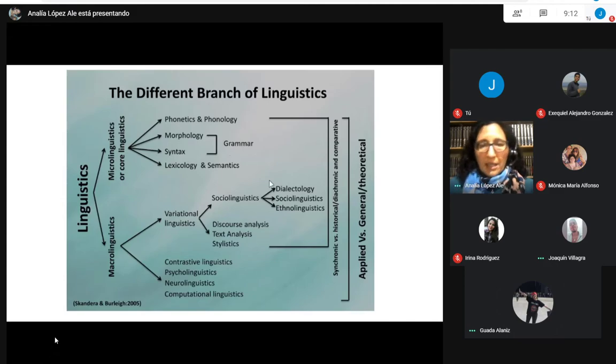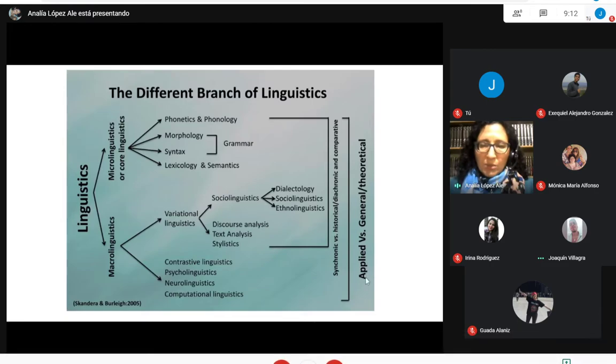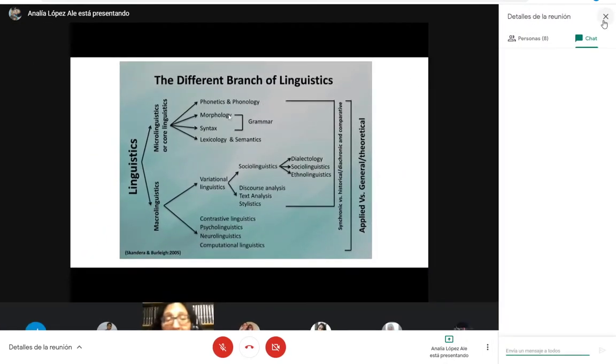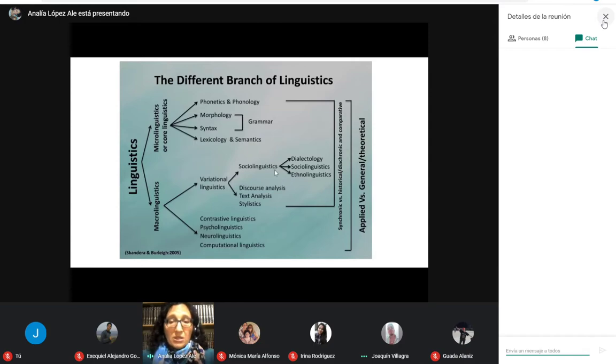Okay, great. So, as you can see here, the dichotomy between applied versus theoretical linguistics can be discussed at any branch. Because you can study, for example, sociolinguistics just with the purpose of generating theory, or with the purpose of finding a solution to a problem.